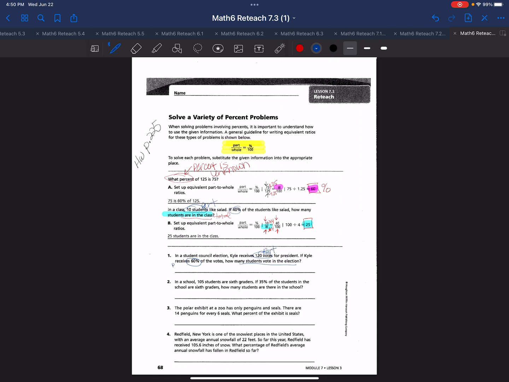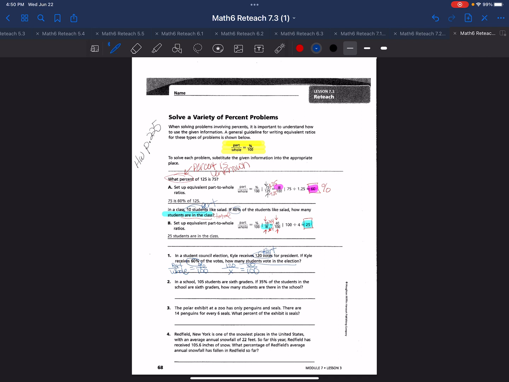So we write part over whole equals percent over 100. And then we go ahead and fill it in from the information given. So for part, I have 120. For the whole amount, I don't know that. And then I have percent would be 60 over 100, because percent means out of 100.